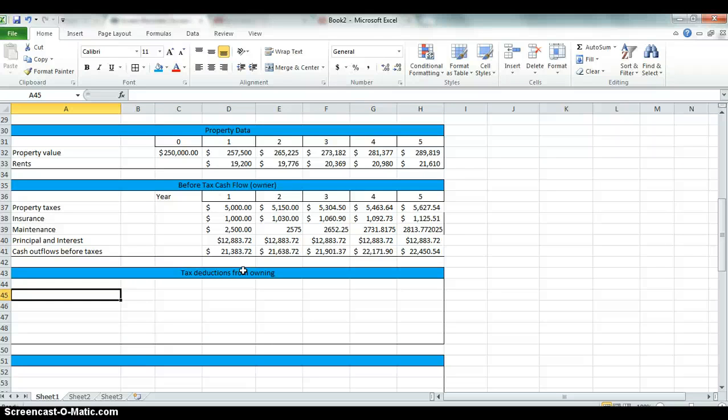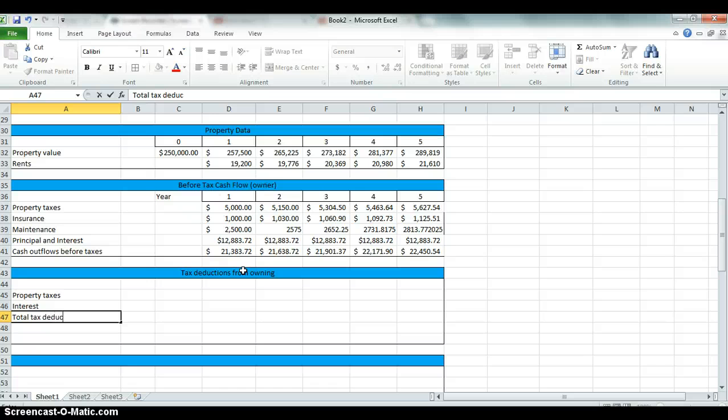For tax deductions, we will need 4 things: property taxes and interest, which will be our savings, total tax deductions, and finally, tax savings.